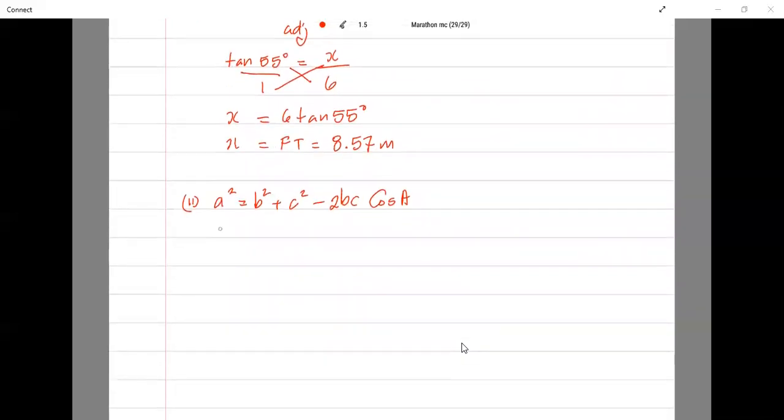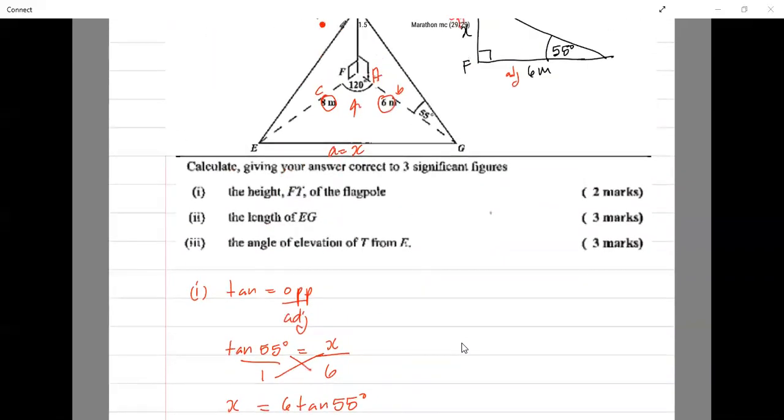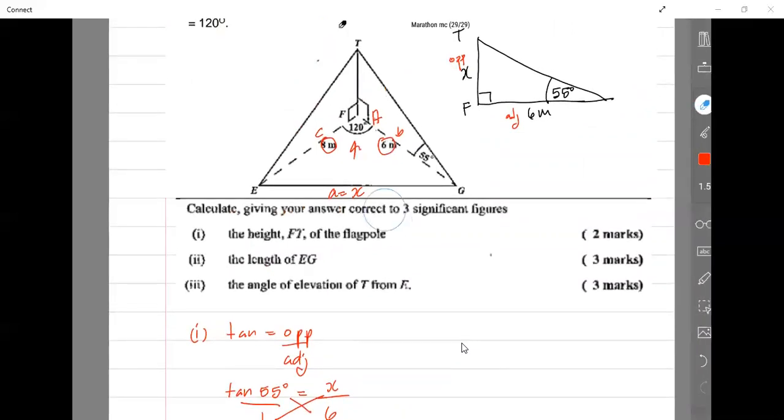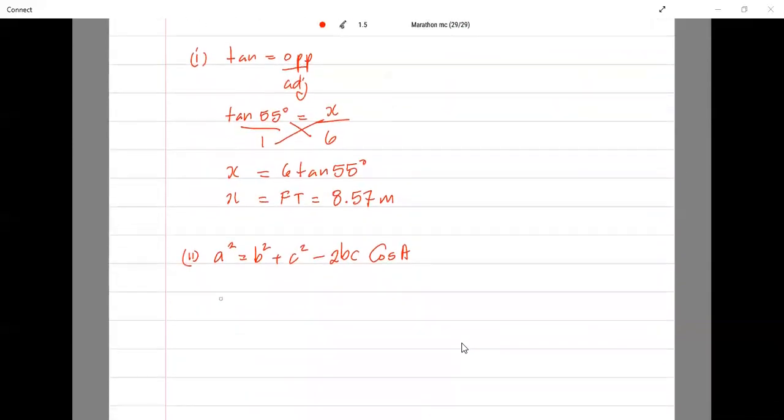A in the formula is what we want to find, and I'm calling it, I said X, but I used X before, so let's call it Y. So Y squared is equal to 6 squared plus 8 squared minus 2 times 6 times 8 cosine the inclusive angle, which is 120 degrees.